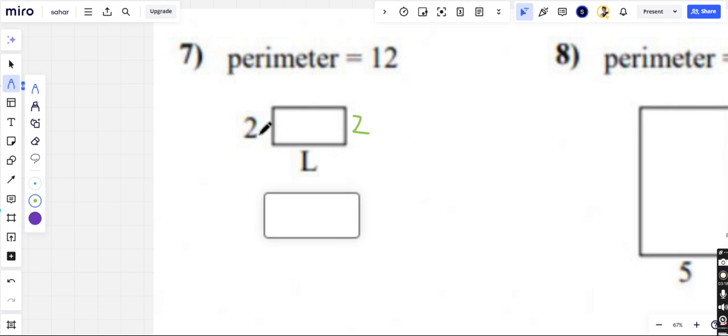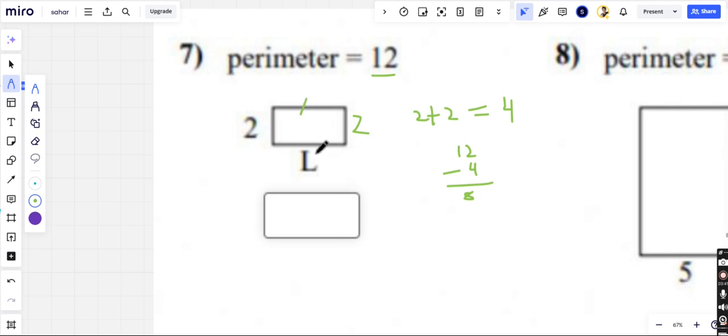Similarly in this case, one side is equal to 2, because you know in a rectangle the opposite sides are equal, so 2 plus 2 we get 4. Am I right? Good. And the total perimeter given is 12, so we subtract 12 minus 4, we get 8. How much? 8.